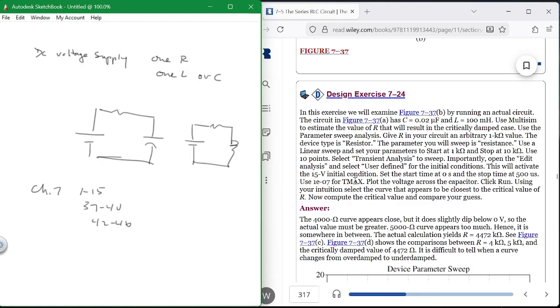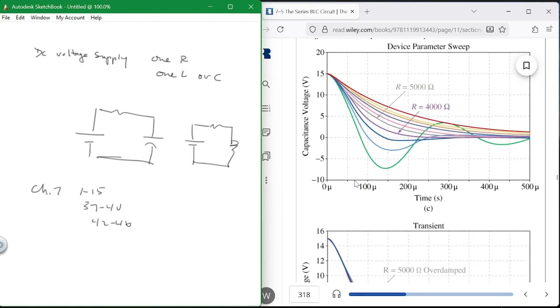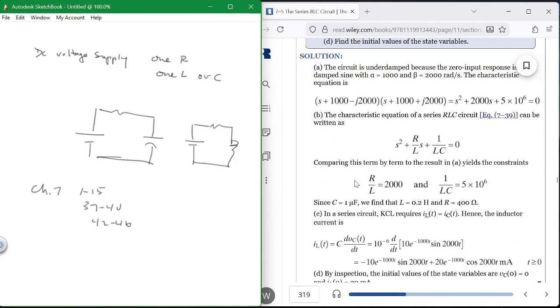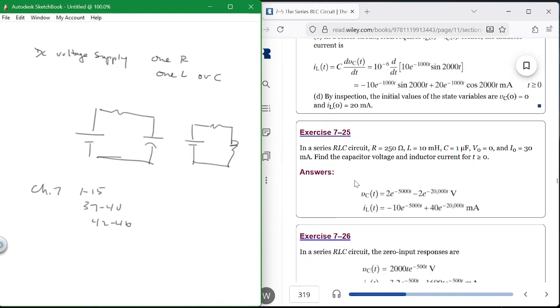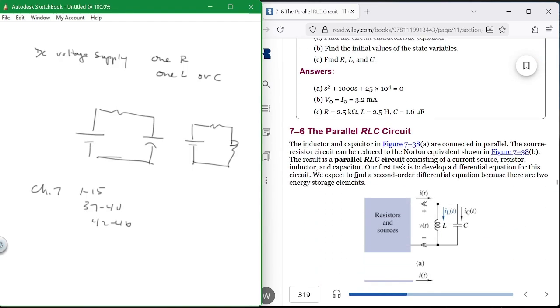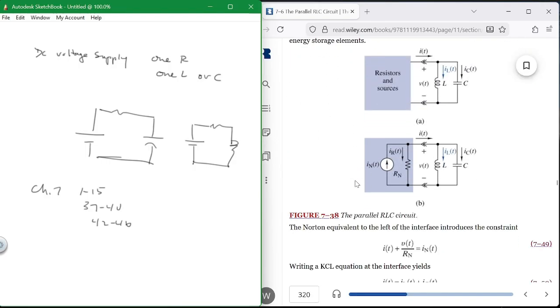But there's more to it than just that, and I don't think we have the time to go into it in depth right here. It's a series and a parallel RLC, right?